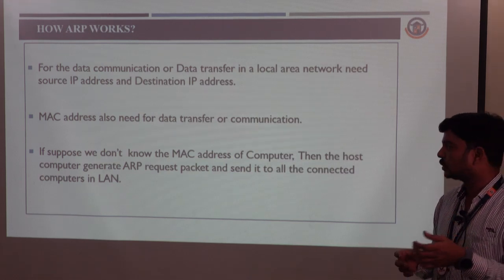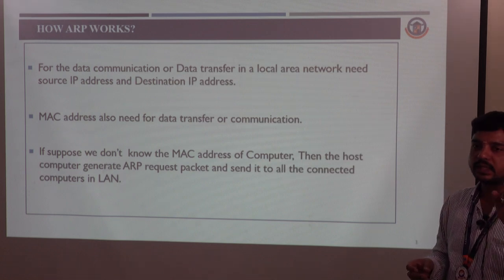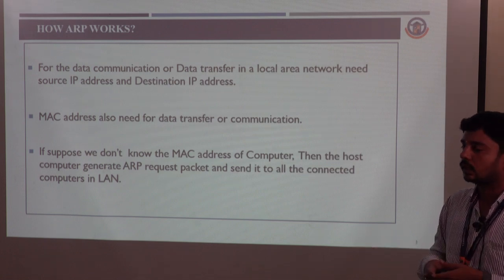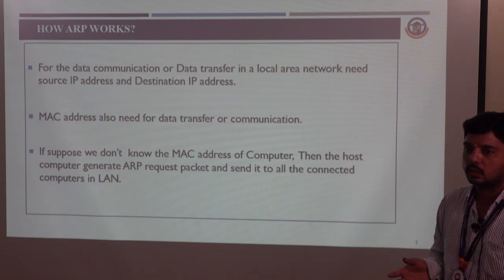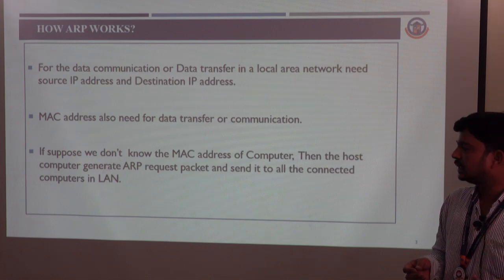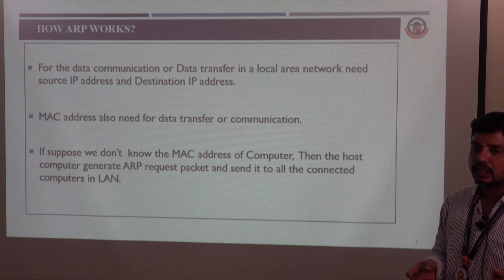The corresponding destination computer will reply, yes, I am 102. At the time of reply, it carries the MAC address of the destination computer. Once the reply is generated from the destination computer, it is stored in an ARP cache table.